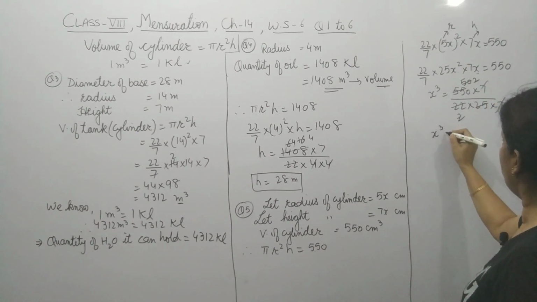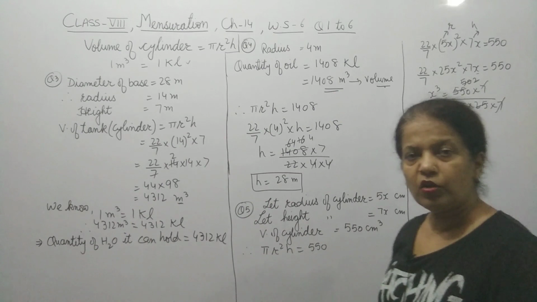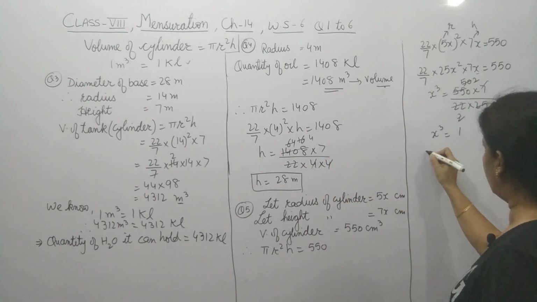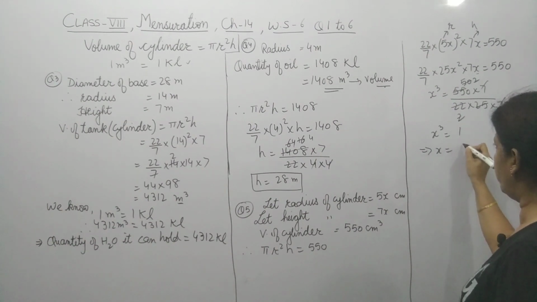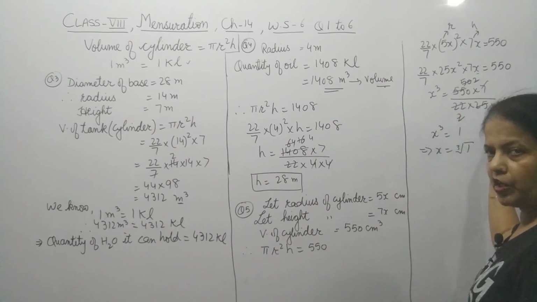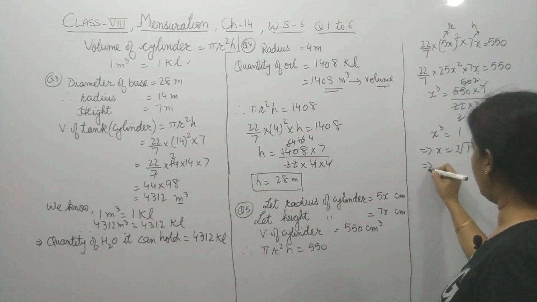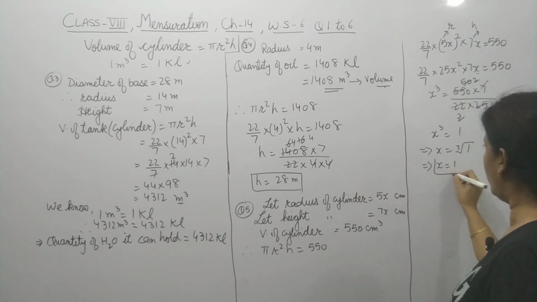So x cube you will get as 1. So what should x equal? If x cube is 1, this implies x will be the cube root of 1. The cube root of 1 is 1 itself. So here we will get x equals 1.